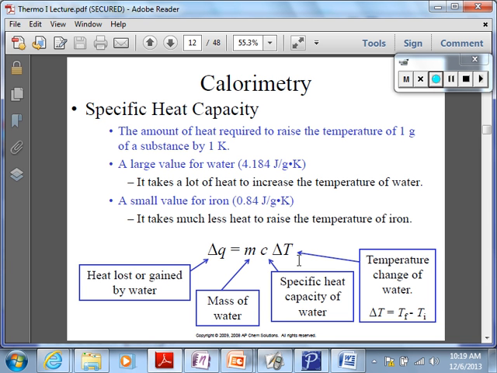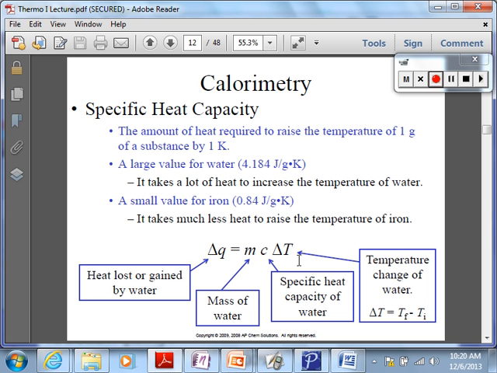Alright. C is the specific heat capacity of the water. This is a constant. So for this one, now I'm going to draw an arrow up. For water, your C is 4.184 joules per gram times Kelvin. That's the one for water. Notice they give you the value for iron and for some other things.